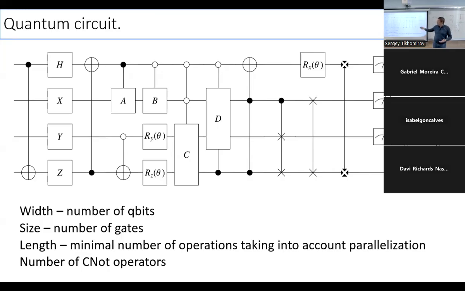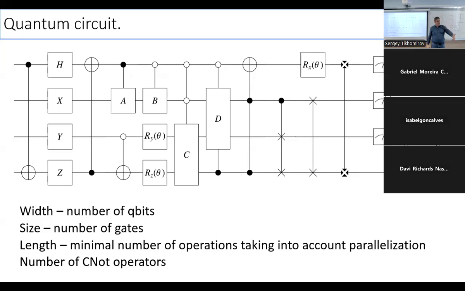So this complicated operator would be represented somehow as 1 qubit gates and C naught. And the question is how many C naught operators you would have in this representation.